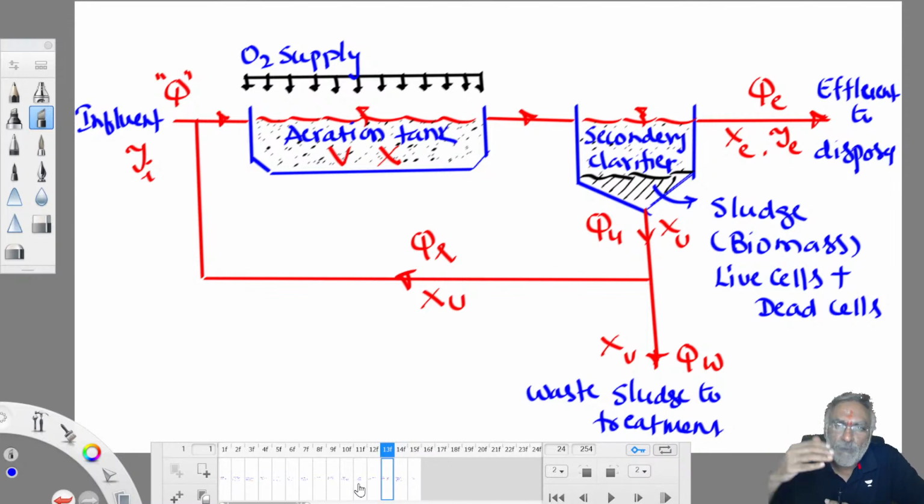So organisms which are about to die because of not having food and oxygen at the bottom of the secondary clarifier, a portion of that sludge is taken back to the process, right, and exposed once again to food and oxygen. Because the deactivated live cells present in the sludge are taken back to the process, once again they are exposed to food and oxygen.